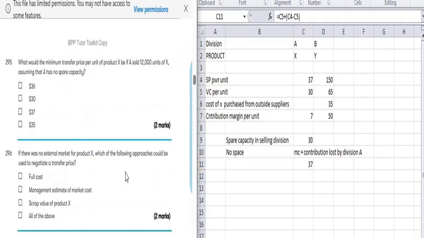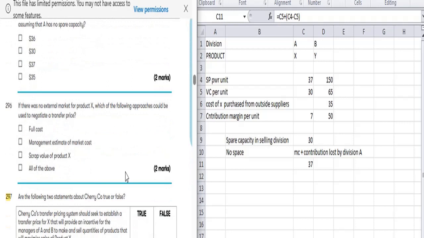Moving ahead, the next question: if there was no external market for product X, which of the following approaches could be used to negotiate a transfer price? There are two methods to calculate the transfer price: one is the market based approach and the second is the cost based approach. In the market based approach, whatever the price of similar goods available in the market, we can use that.